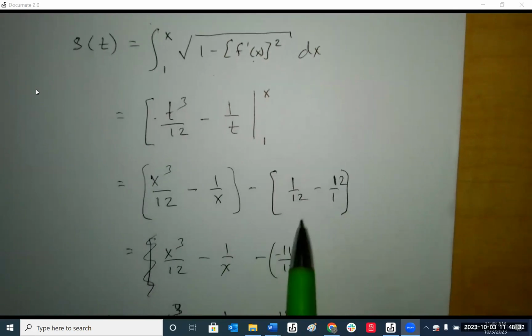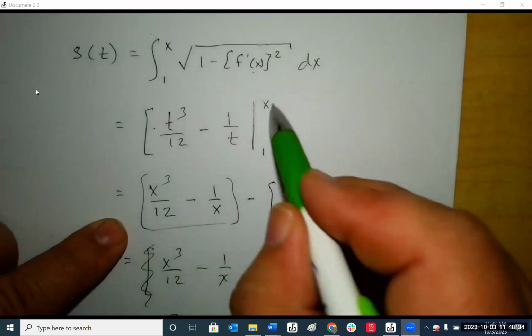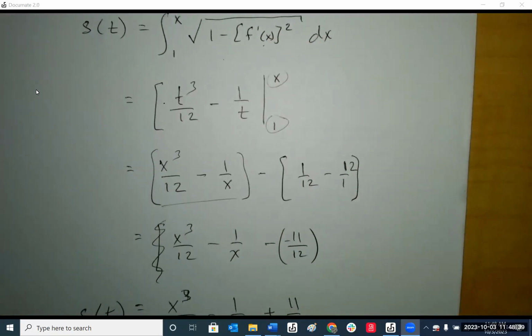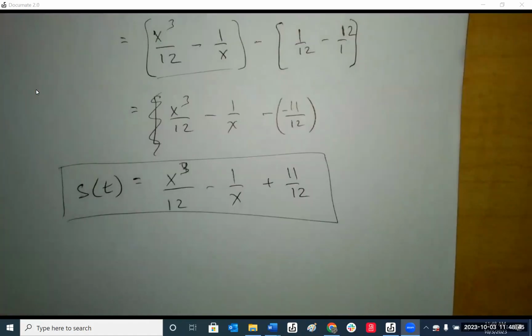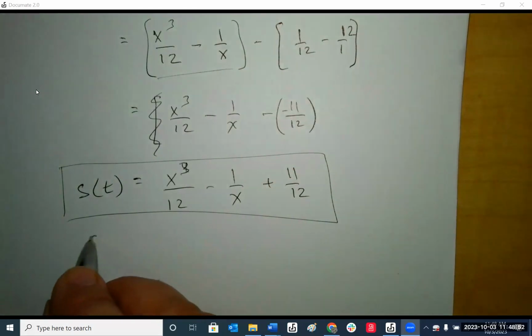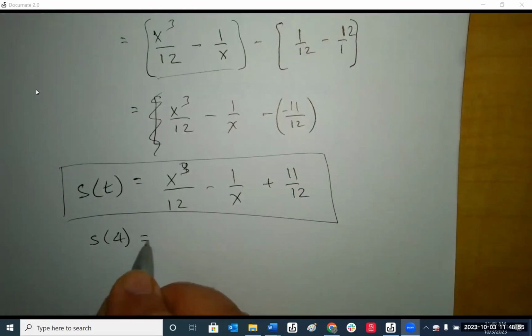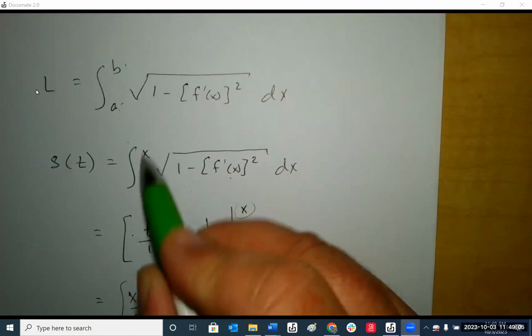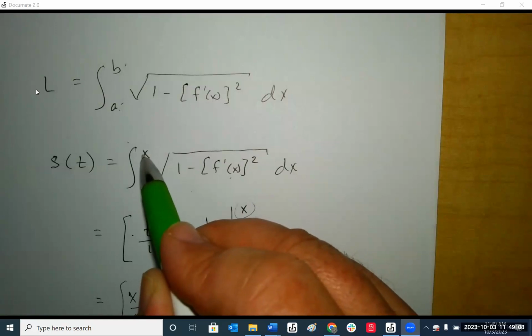Now we're left with this formula. That part is the same as before. But because of this, all we have to do is plug in our endpoint, because it all automatically starts at 1, and you can go to any x you want.